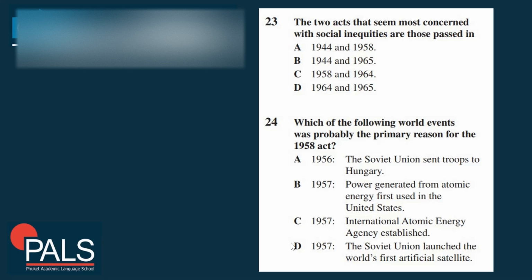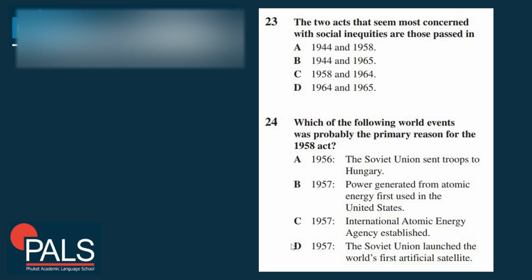A. The Soviet Union sent troops to Hungary. B. Power generated from atomic energy was first used in the United States. C. The International Atomic Energy Agency was established. Or D. The Soviet Union launched the world's first artificial satellite.